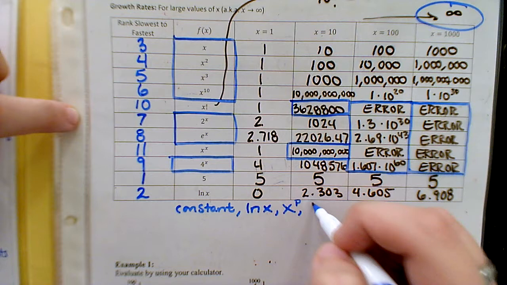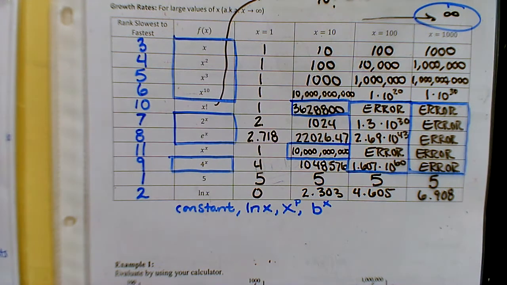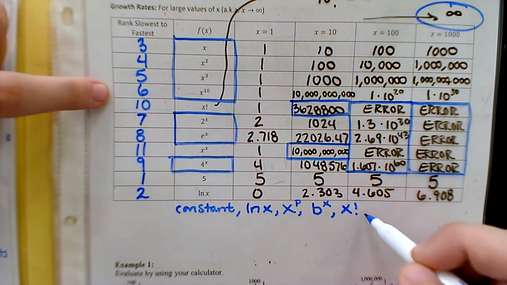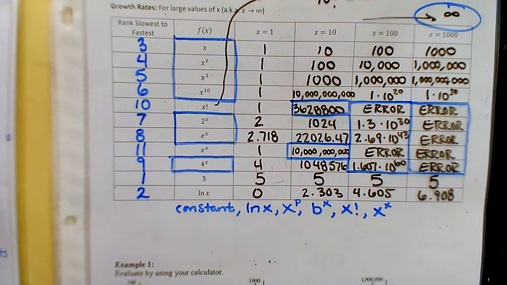So that is kind of considered a base to a variable power. Okay, exponential functions. After that, we had the factorial, and after that, we had x to the x.